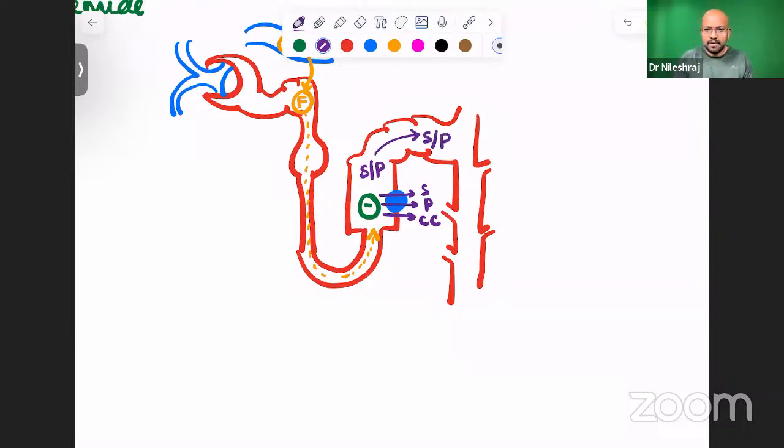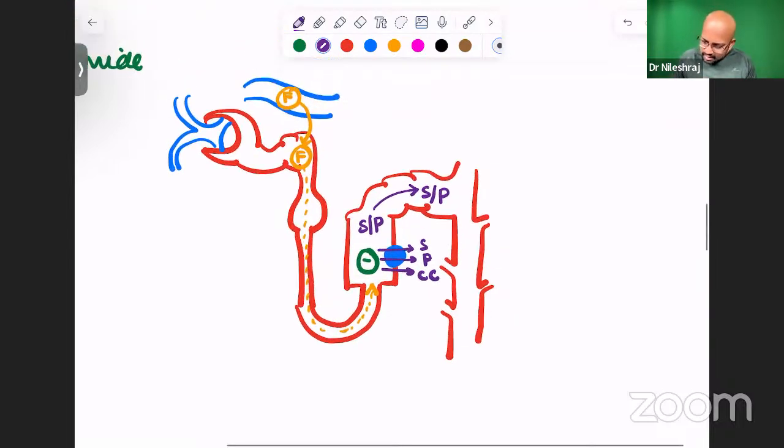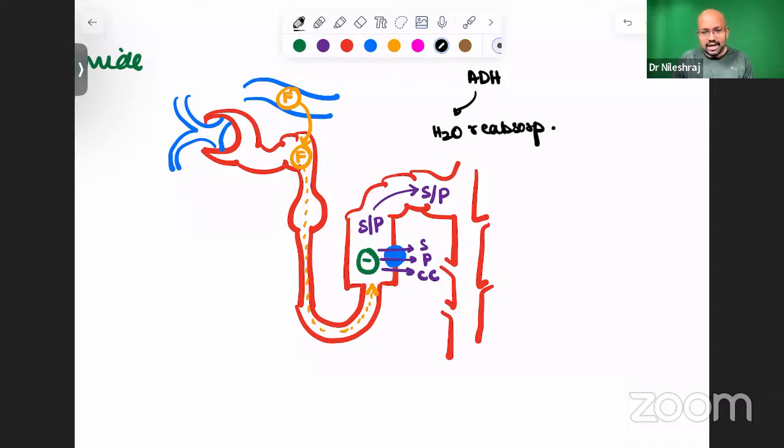We have sodium and potassium in the distal convoluted tubule. But normally, from the posterior pituitary, there is something called antidiuretic hormone. The function of this antidiuretic hormone is to produce water reabsorption. That's why it's called antidiuretic hormone. You would have guessed it. Antidiuretic hormone will induce water reabsorption from the urine, because there is too much salt present in the urine itself.